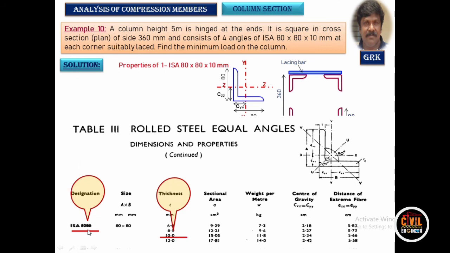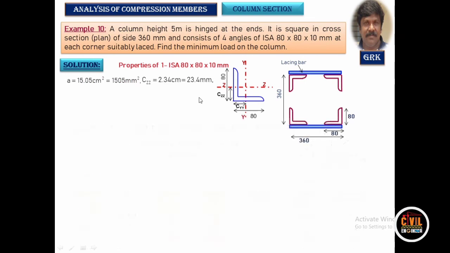Look into the designation of that angle section. For 10 mm, the area is 15.05 centimeter square. Then the centroidal distance of this axis is at 2.34 both in ZZ and YY direction. So you note that value.